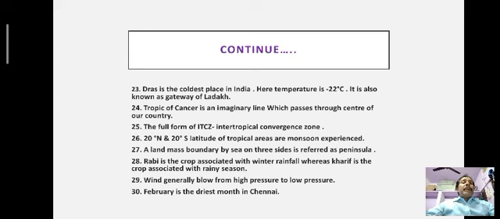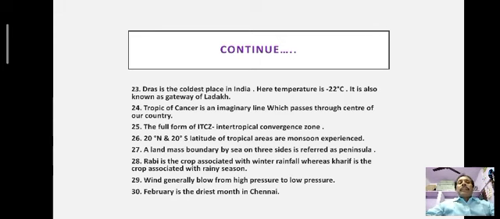Next, a landmass bounded by sea on three sides is referred to as a peninsula. An area surrounded on three sides by ocean, like India, is known as a peninsula, so India will be considered as a peninsula.